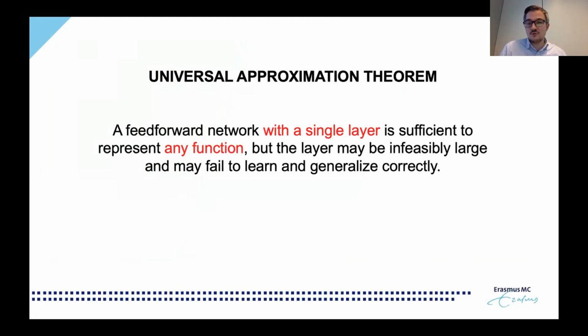Only one point, of course, is that we don't know how many layers and what architecture this neural network needs. That's why, as I said before, you have so many different types of neural networks, each of them trying to find the best solution for your specific case.